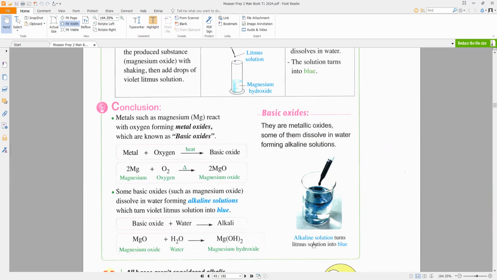Litmus solution, when added to an alkaline solution, changes from violet to blue. So we make sure that it is an alkaline solution. And the basic oxides, they are metallic oxides that, when dissolved in water, form an alkaline solution, as we see in this experiment.